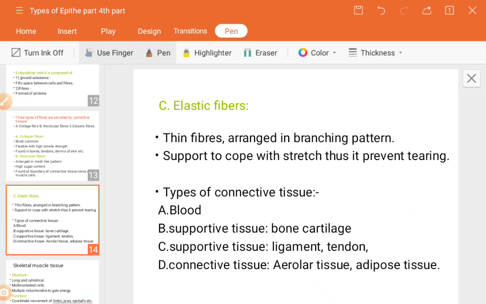Next, what is the purpose of adipose tissue? To provide insulation from heat and cold. Insulation here means that the sugar level should not get lowered.